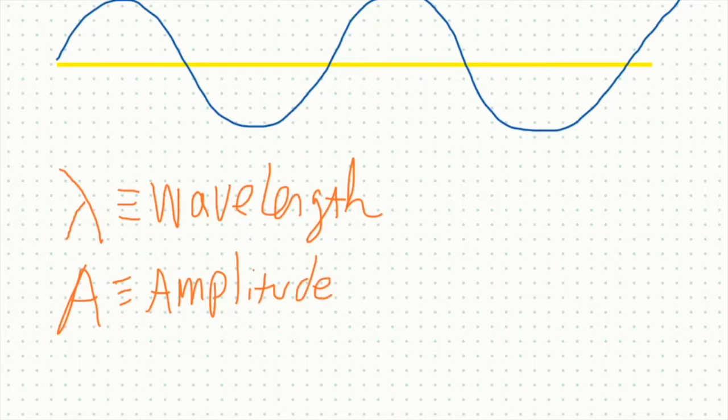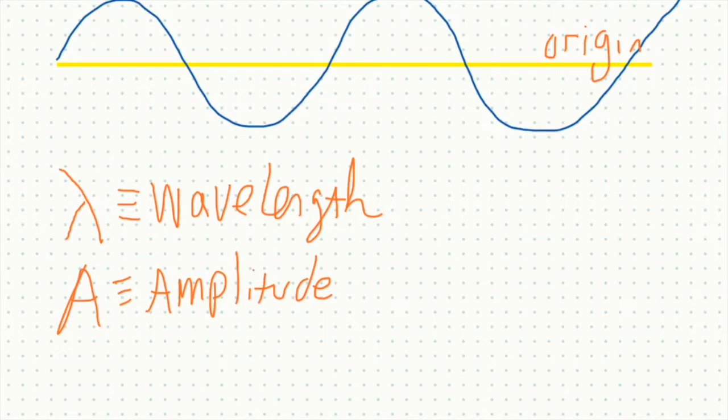And then I'll just label the other stuff as we get to it. This is called the origin. The yellow line is the origin. I just explained what that was a few moments ago. Or the equilibrium position. That's the rest position of the thing that's vibrating. Whether it's water, or a slinky, or a guitar string, or something like that, it has a rest position, and the rest position is referred to as the origin.